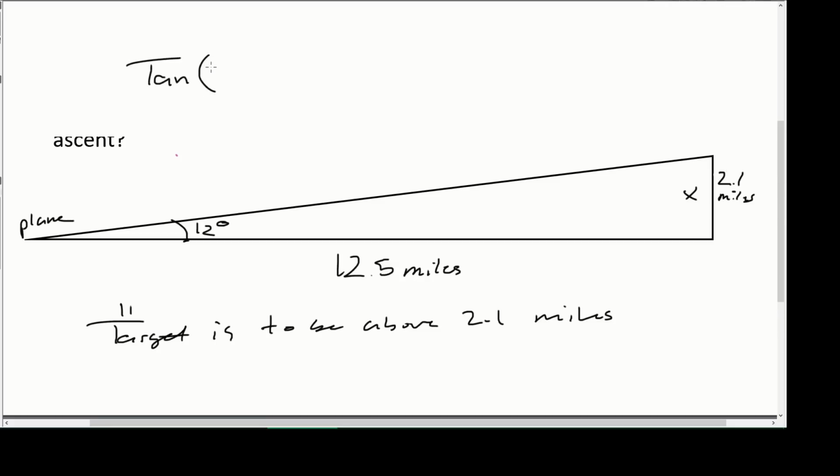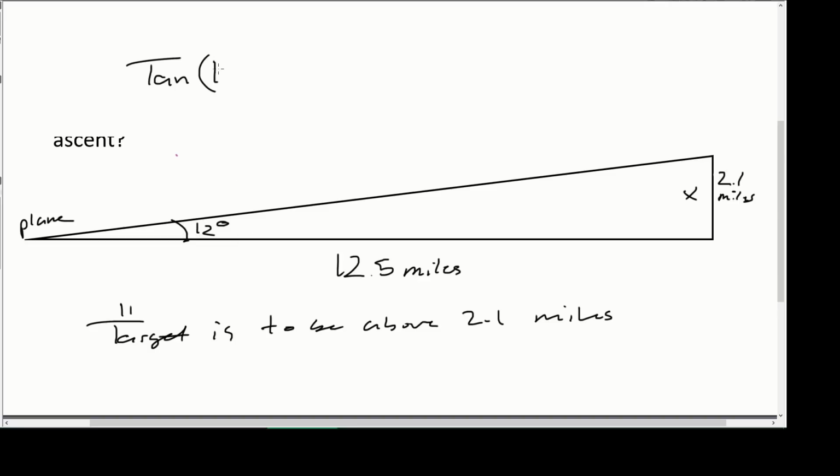Now here we have the tangent of A. We already know that capital letters denote an angle while lowercase letters denote a side length. So when we did this before, we had tangent of A, tangent of B, tangent of E. So we're going to use an angle measure here.